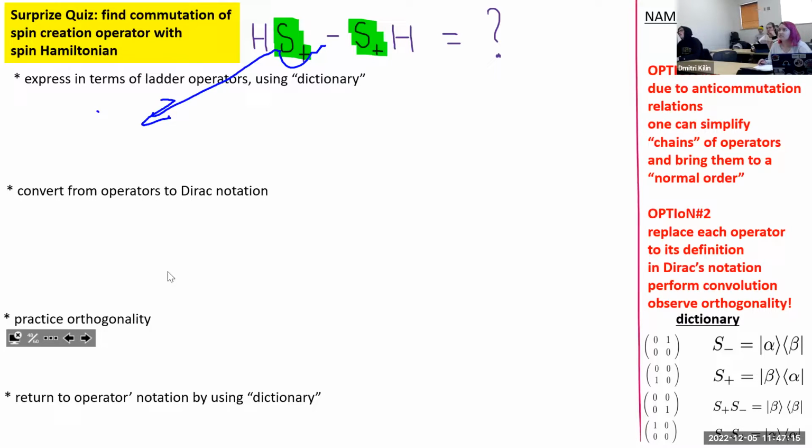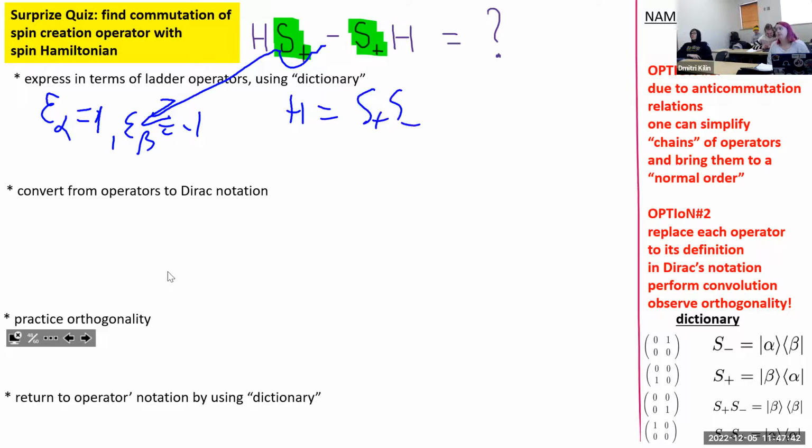And what Melody told is that she took epsilon alpha, epsilon beta, but one can assume epsilon alpha equals 1, epsilon beta equals -1, just for simplicity, right? And then the Hamiltonian will be S plus S minus, S minus S plus. Okay? Just to skip these factors to make things quicker.